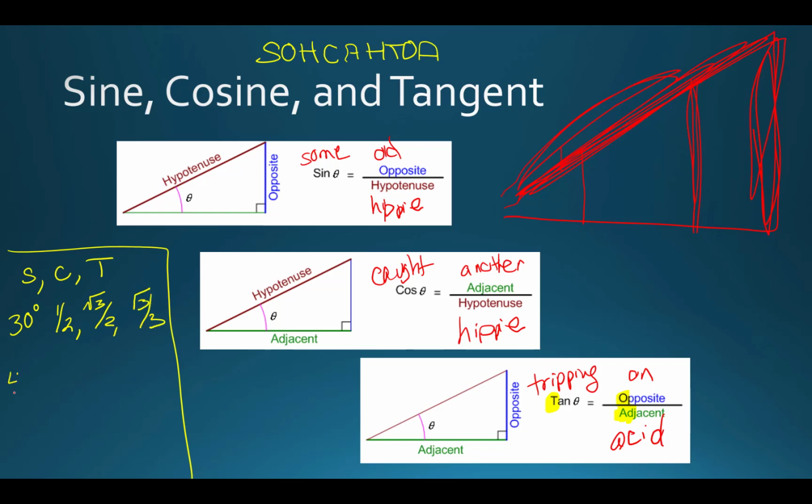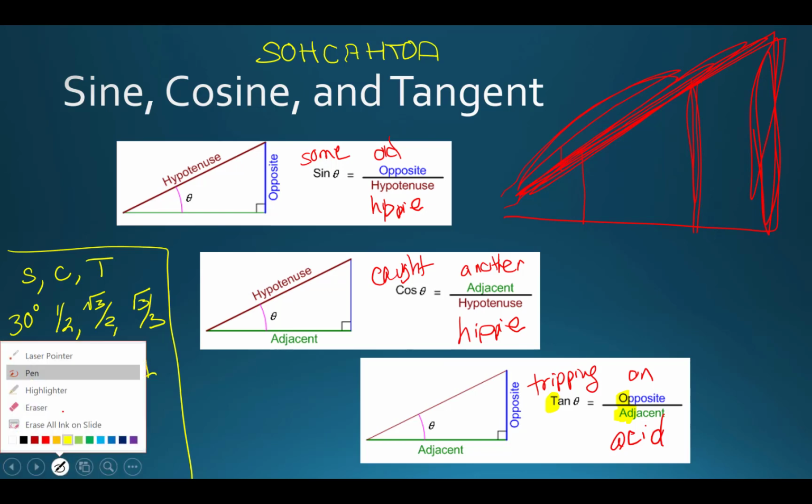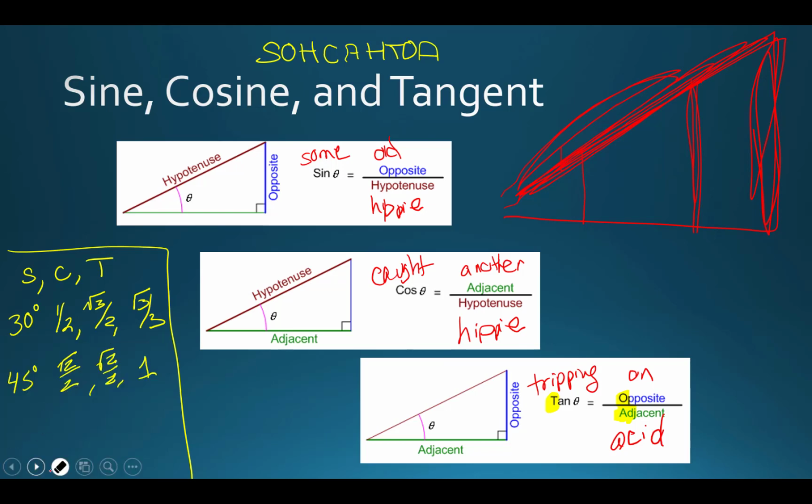For 45, it's root 2 over 2, root 2 over 2, and 1. For 60, I learned that it's the kind of flippy flip on the 30. It's root 3 over 2, 1/2, and square root of 3.